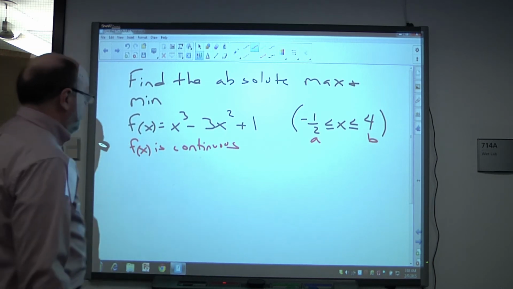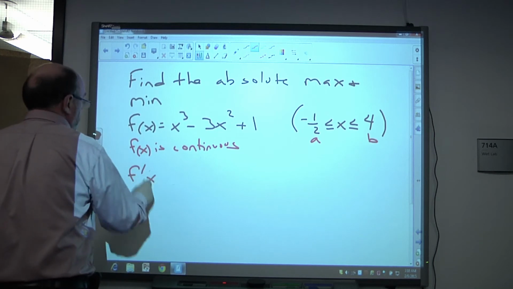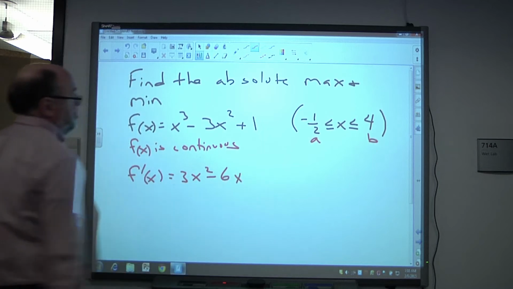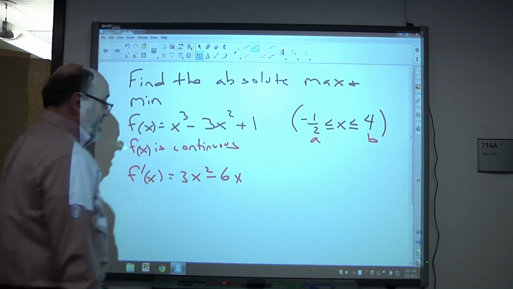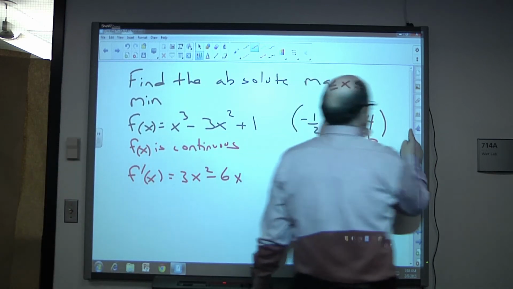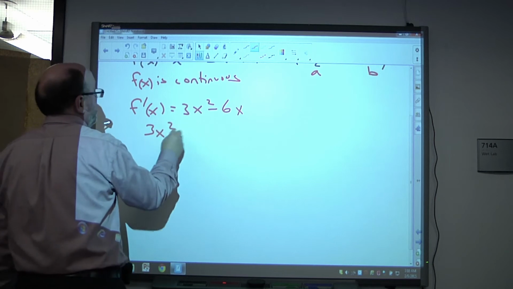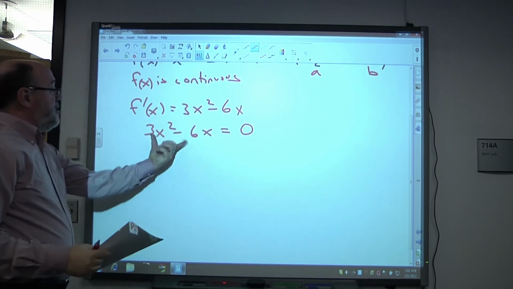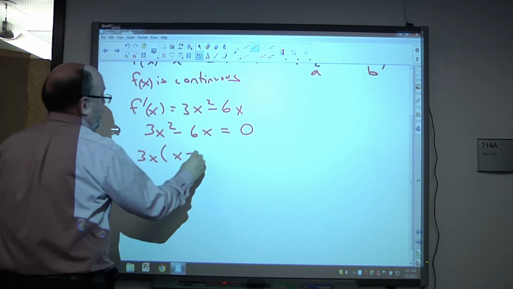The next step is to find our derivative. So f prime of x is going to be 3x squared minus 6x. We set it equal to 0, so we have 3x squared minus 6x equals 0, and we want to solve this for x. I notice I can factor 3x out, and we get 3x times x minus 2.